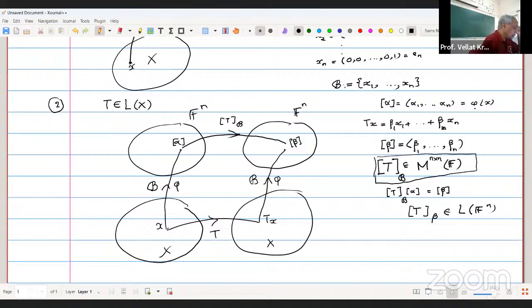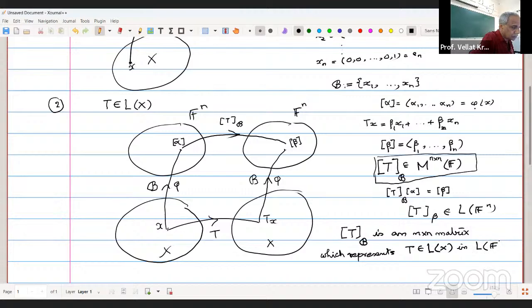And this is a linear transformation, and it's represented by an n by n matrix. And this we call the representation of T with respect to the ordered basis B. So T bracket B is the n by n matrix which represents T belonging to L of X. So what is happening is that X is isomorphic to a copy of Fn.